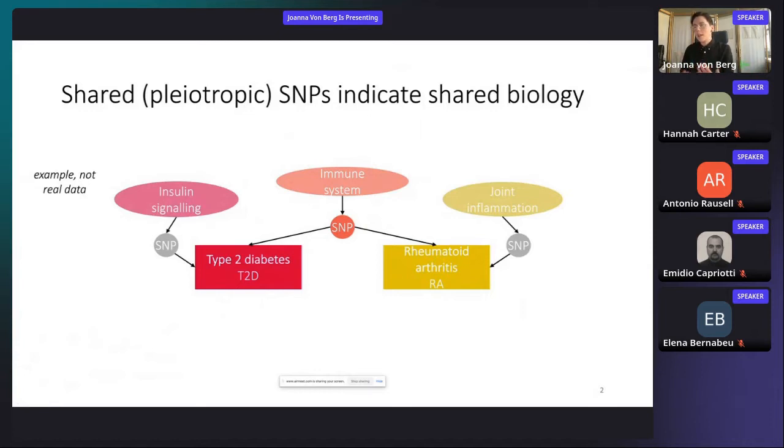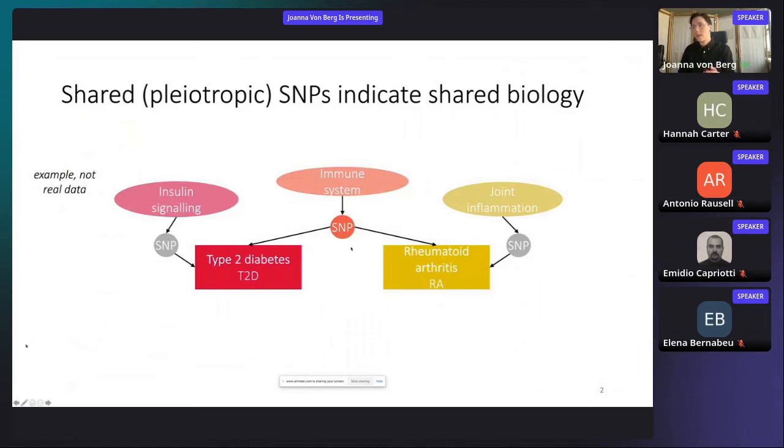And we might expect some SNPs, like SNPs involved in insulin signaling, to be only associated to T2D and others only to RA. But some SNPs, specifically those that are involved in the immune system, would be expected to be associated with both traits. This is all hypothetical and it's just an example, but just to give you an idea.